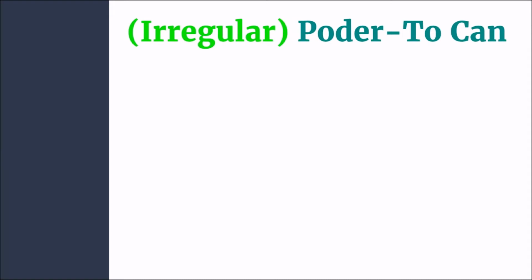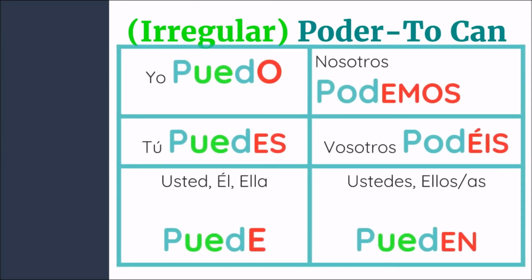Finally, we have poder, which means to can or to be able. Now, this one has something we call a stem change. Sometimes, when it doesn't sound right to do podo, you have to change the stem or the vowels in the part that you don't take off. In this case, it's an O to UE change.